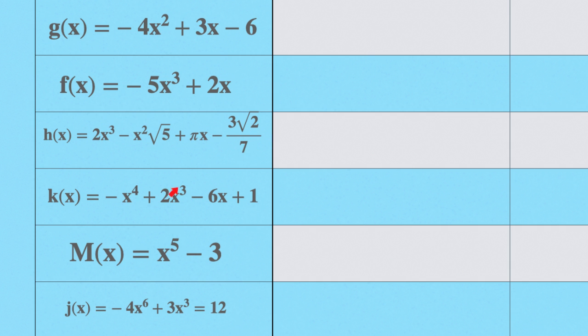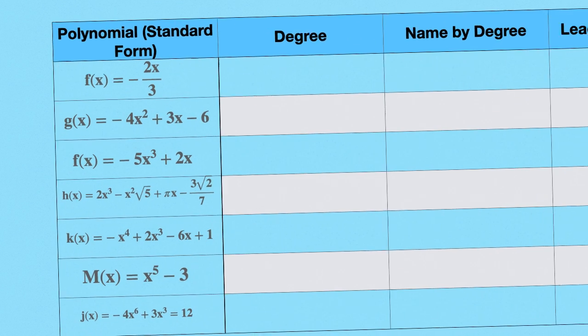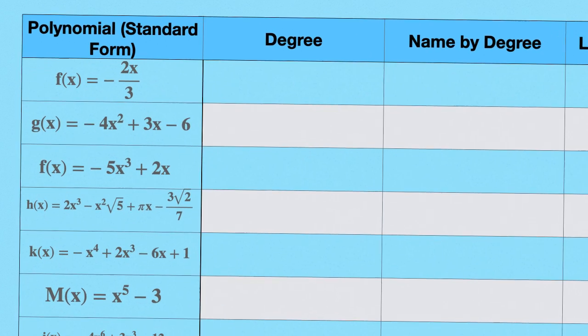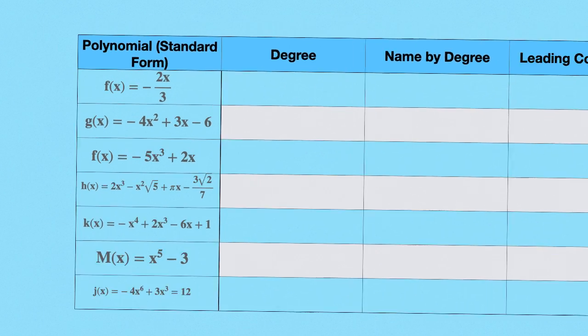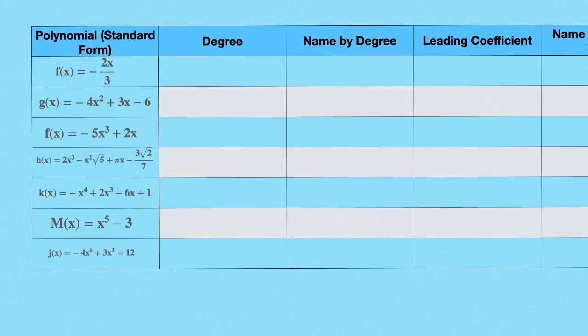X to the 4th, x cubed, x squared, this is that x to the 0 that we don't show. Even if you only have two terms, you still put the highest one first. So this is a 5 for the highest exponent. And because they're in standard form, it makes finding the degree very, very easy. Okay, if they aren't in standard form, you just put them in standard form. We'll cover that in just a moment.